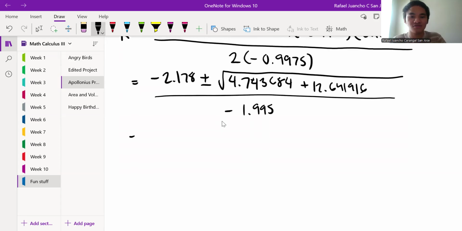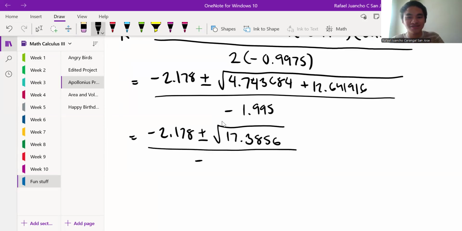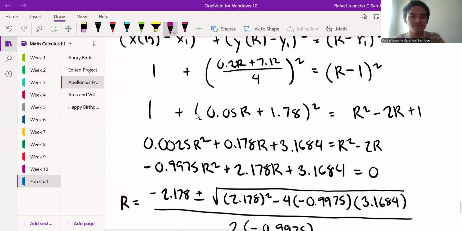And so again here, 3684, I add 12.64196. I get this nice looking number. Or at least it looks nice because it's not negative. I don't think it was negative in the first place. Okay, let's try and see if we get it.